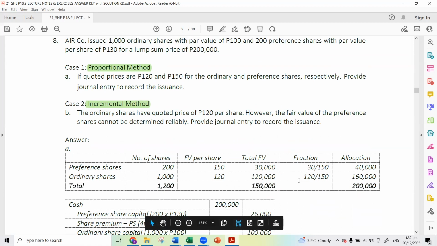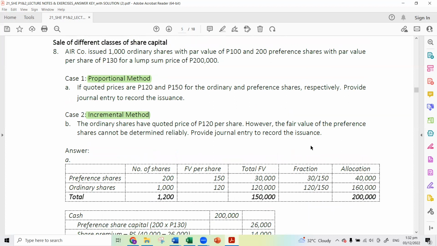So it is easy. That basket price, the lump sum price, is allocated based on their relative fair values, just like this one.